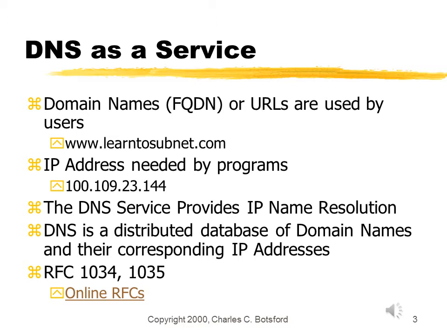When you type in that name, the DNS software on your computer goes out and retrieves the IP address of the destination computer, so that your computer can then set up a TCP connection to the destination website and download the information from that website. So DNS provides IP name resolution. It also is a distributed database of all the domain names and all the websites and their corresponding IP addresses.